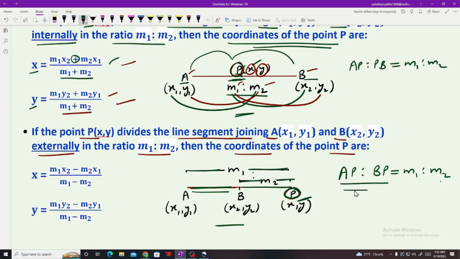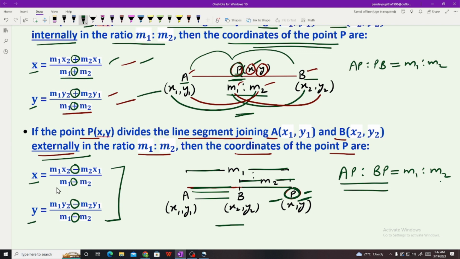So in this condition, when the point P divides the line segment externally, to find the x coordinate and y coordinate of this point P, we use the section formula, but in place of positive, we mark it as negative. Can you see here? In place of positive, we are going to make it negative. That is the only change in the formula.